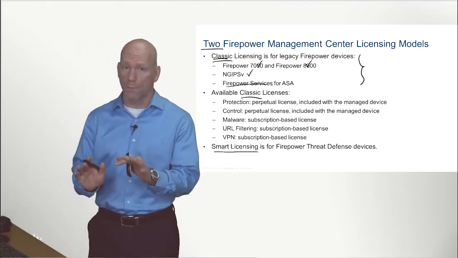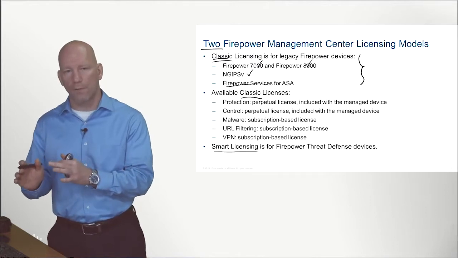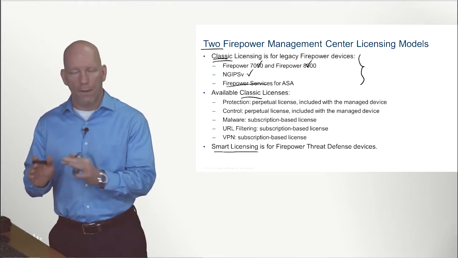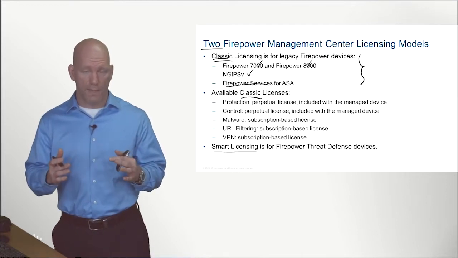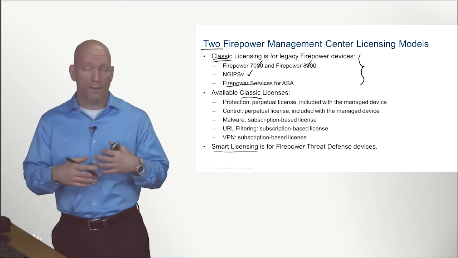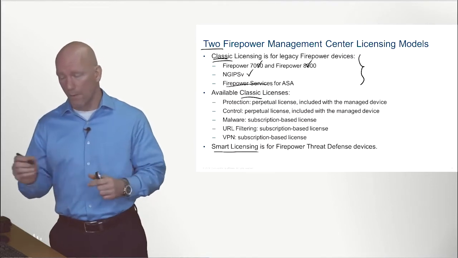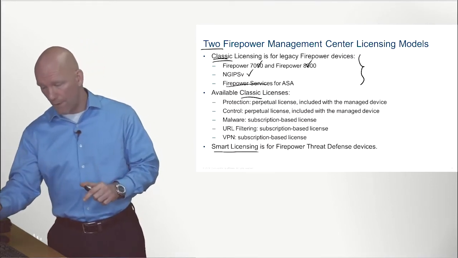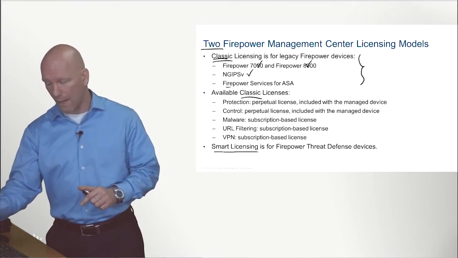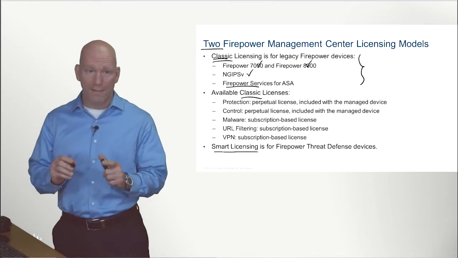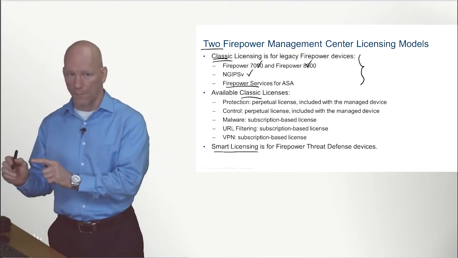Let me pause just for 1 second. This was mentioned on the side in a previous topic, and I want to make sure it's clear. It's certainly not something that is a must to understand now, but I just want to put it on the airwaves so when I say it repetitively, hopefully it becomes really clear. There is a difference between firepower services for the ASA and our threat defense, the firepower threat defense image running on the ASA.